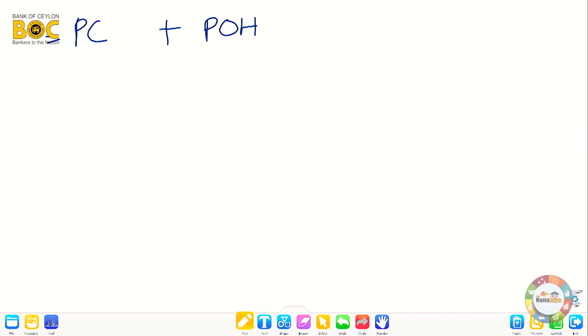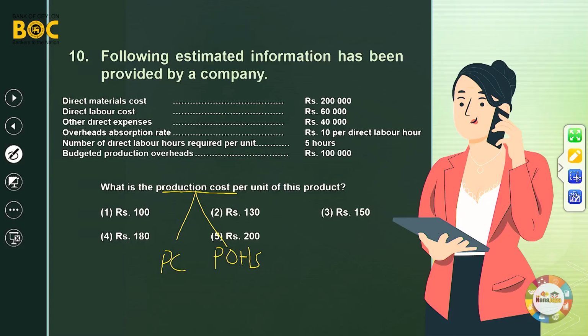We'll calculate now. The prime cost of this organization is direct material, direct labor, direct expenses, and the addition of these is 300,000.